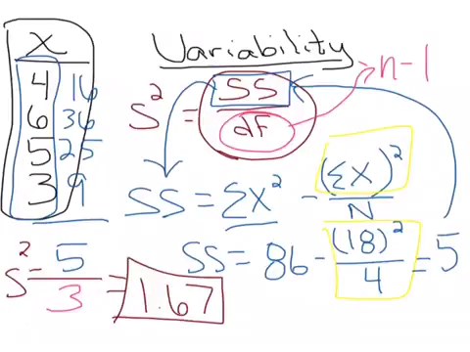So variance is just some steps that you kind of have to go through. First, you have to really know your notations to be able to get that. Okay, we're going to move from variance to our next measure of variability, the third measure, which is standard deviation.